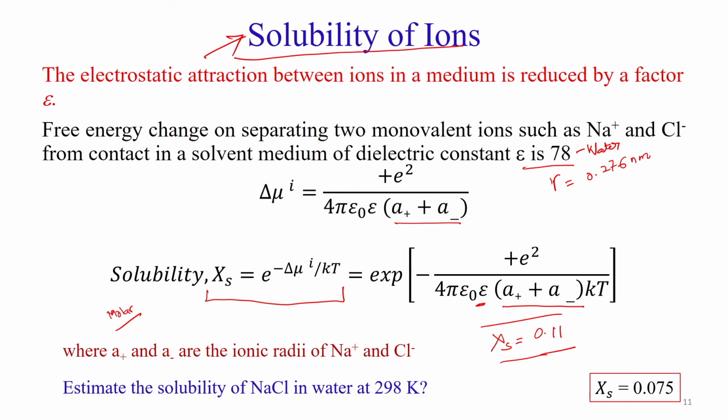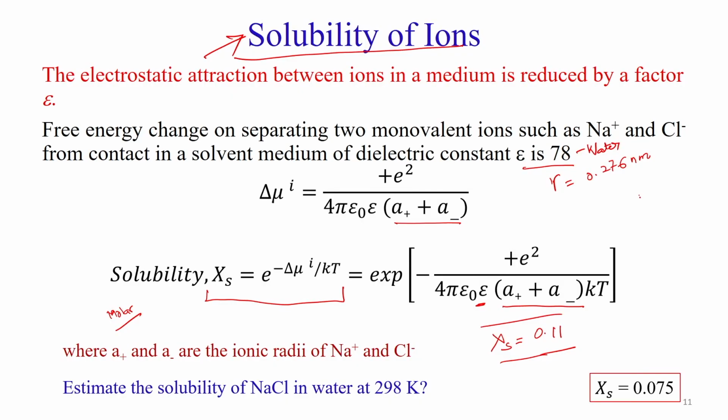It means NaCl is put in different media with different dielectric constants. If you plot log of Xs versus 1 upon epsilon, we should get a straight line. And if you get the straight line, you should also be able to back calculate the interatomic distance between Na plus and Cl minus.